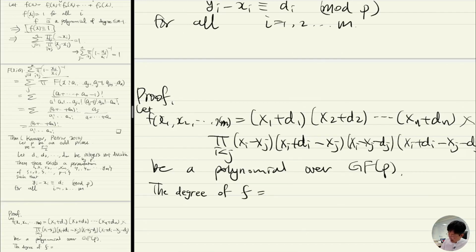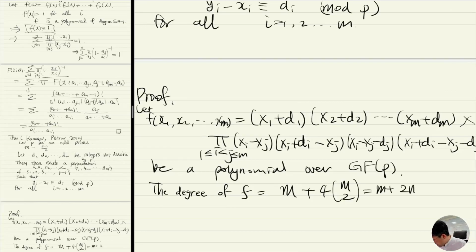So m, right? The degree of this is m plus m choose 2 times 4, right? And this is m plus 2m times m minus 1, and we know that m is p minus 1 over 2, so twice m is p minus 1, so m plus (p minus 1)(m minus 1).